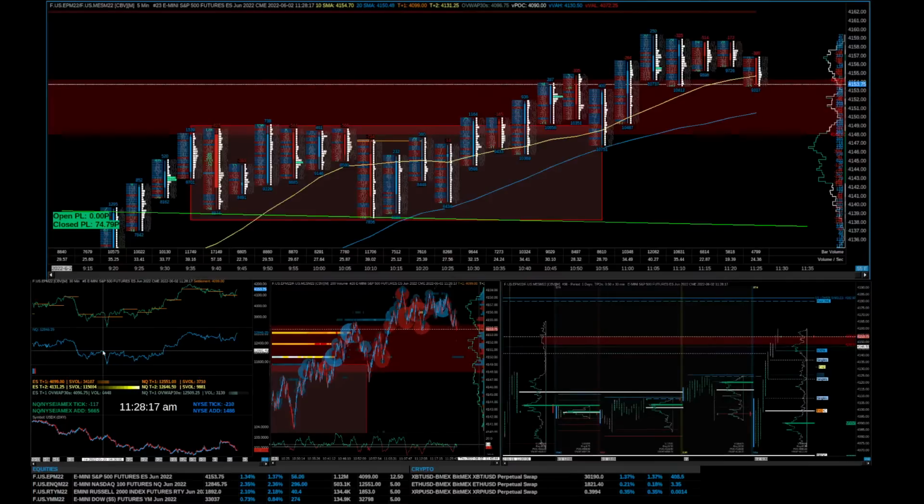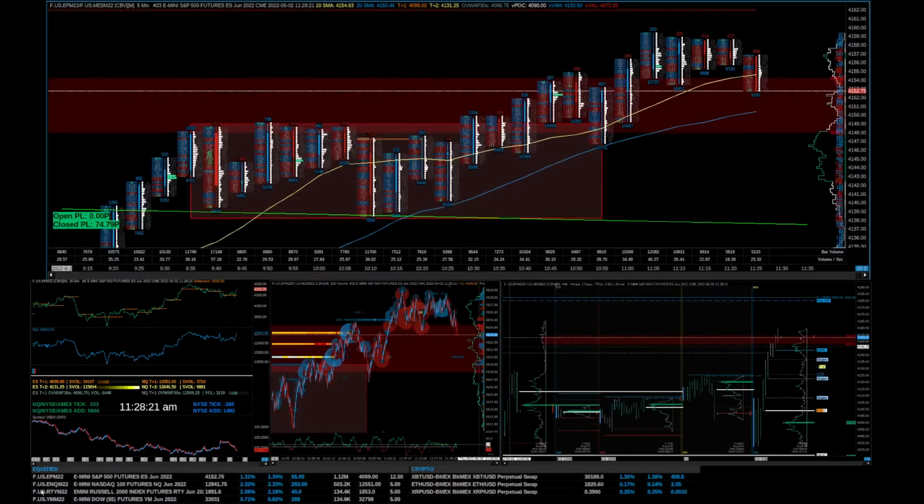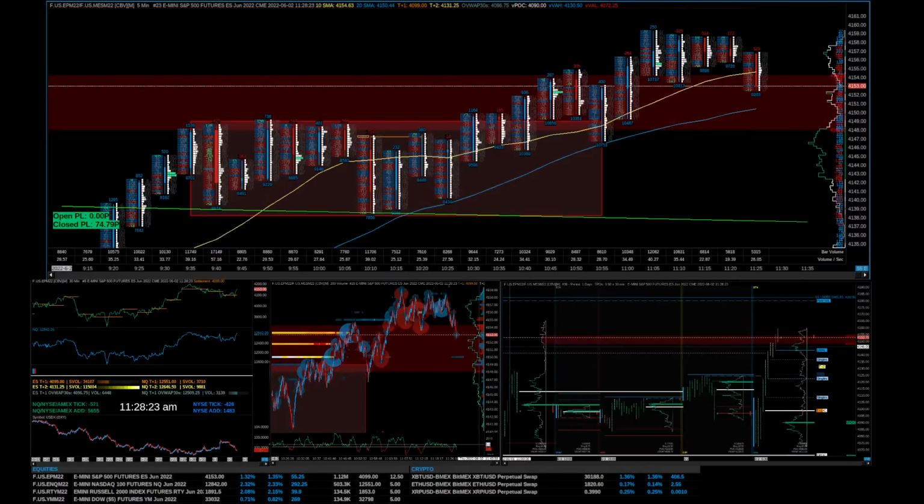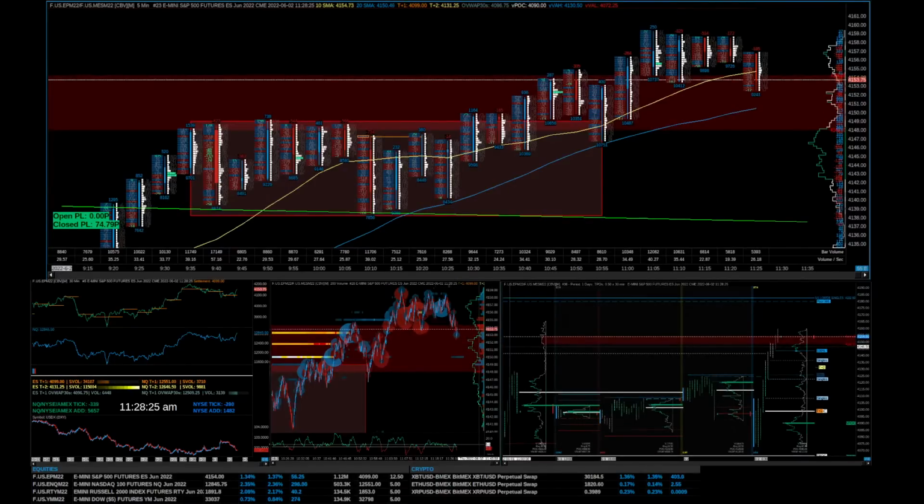This market is interesting up here. 11:30, 2:30 Eastern. Rainer, you took a short at 57. My instincts are to take a short here, but I don't think that I've seen the initiative sellers that I'm looking for yet.